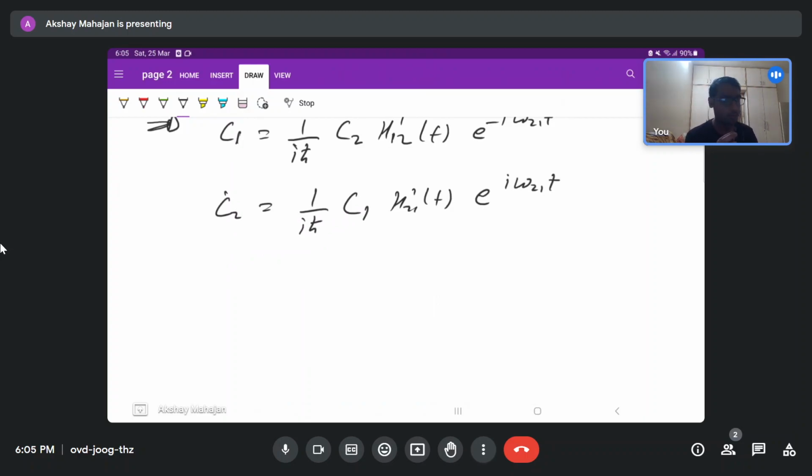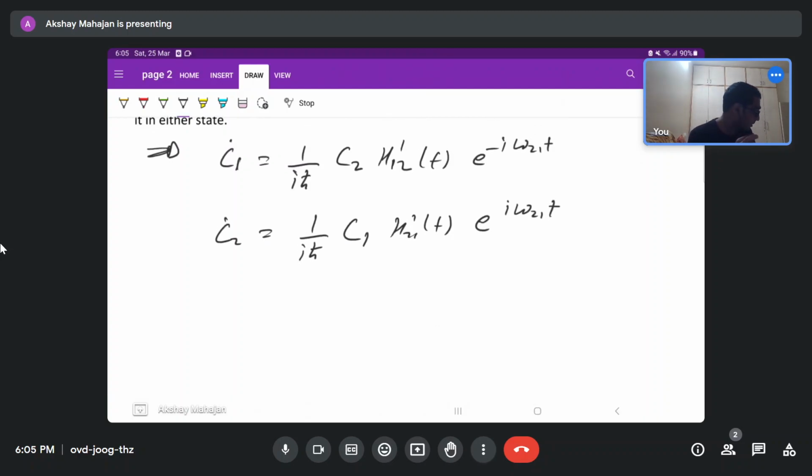in the time dependent perturbation series, where you have provided some time dependent perturbation, and thus your coefficients will also have some time dependence.